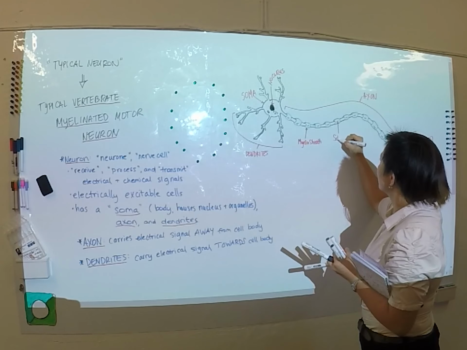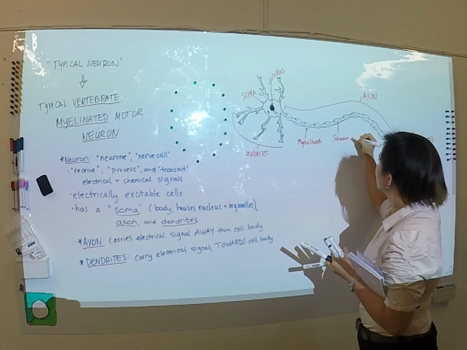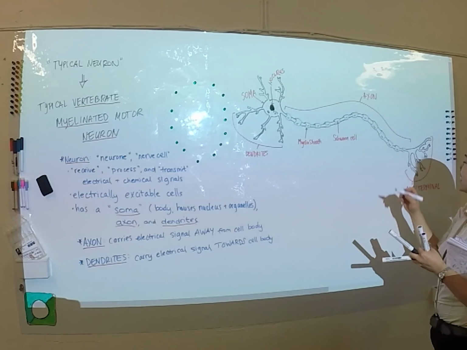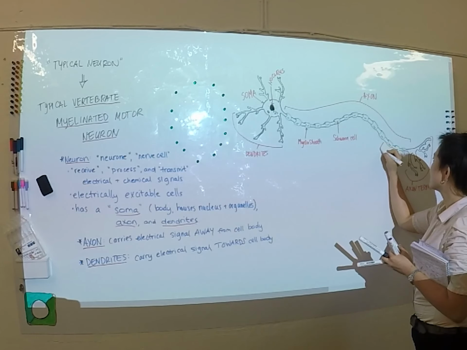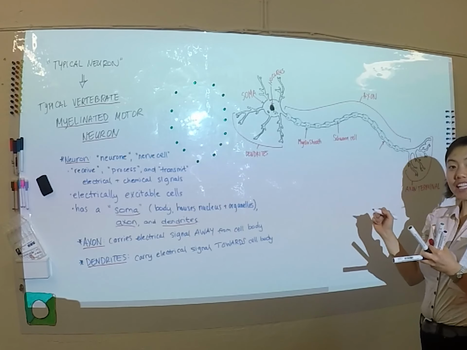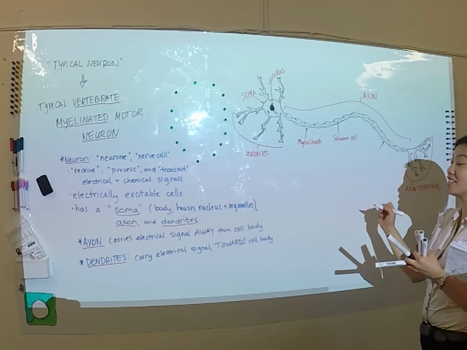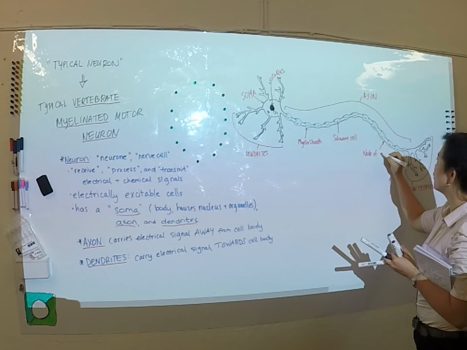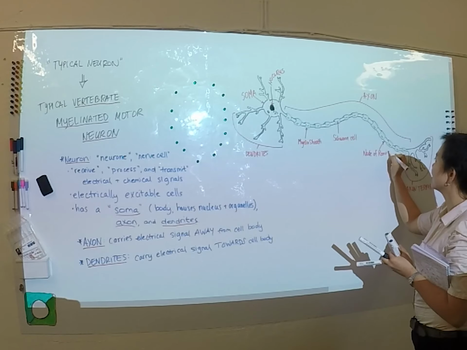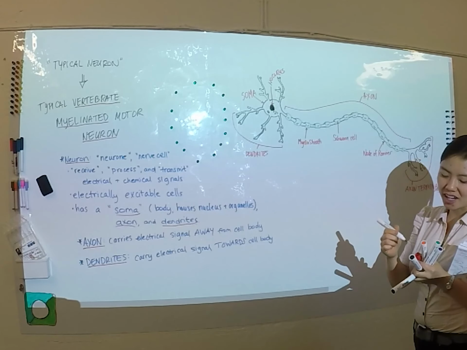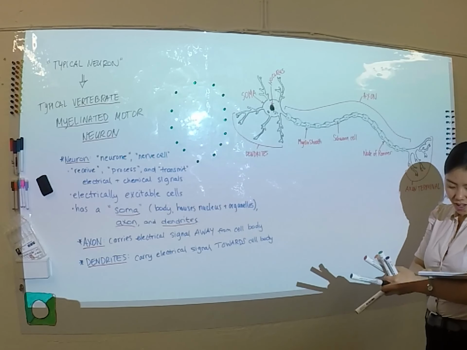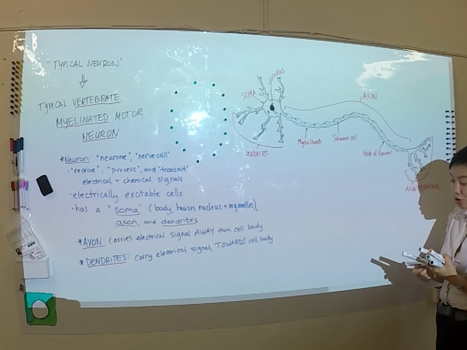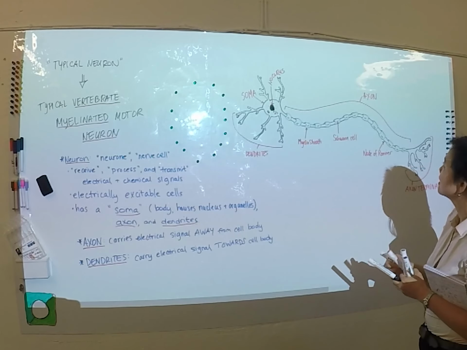This is called a Schwann cell, and the gap in between myelin sheaths also has a name, and this is called a node of Ranvier. It's just named after some guy named Ranvier. Okay, so let's define some of these new words that we've got.